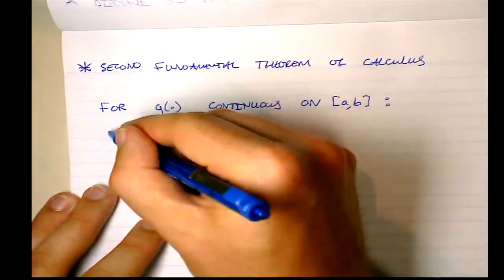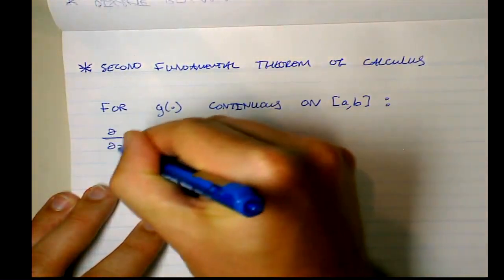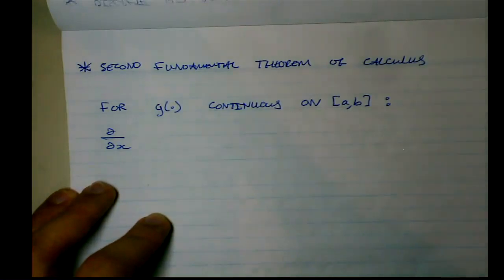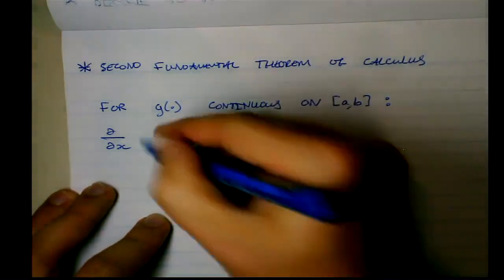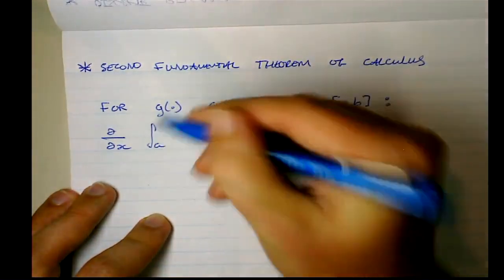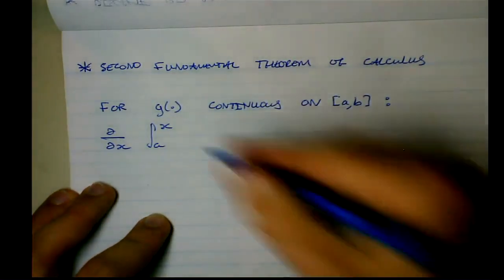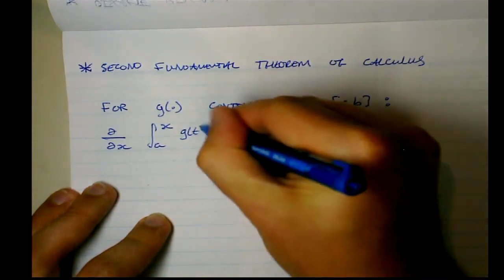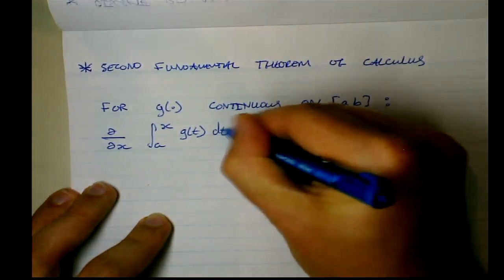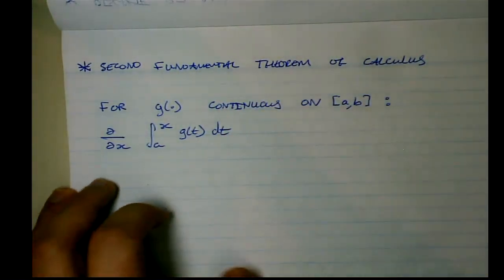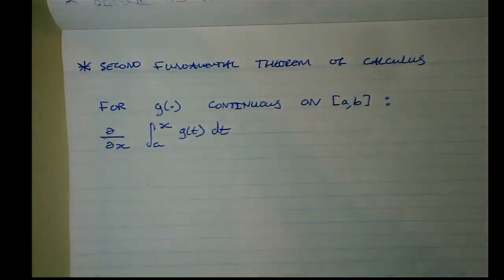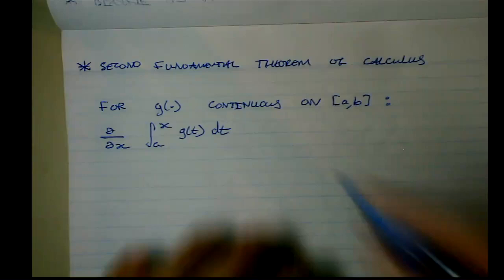We have that d by dx, so if we take the derivative with respect to x of the integral between a and x of g of t dt, so if I integrate my function between the interval of a and x and I differentiate, what do I get?